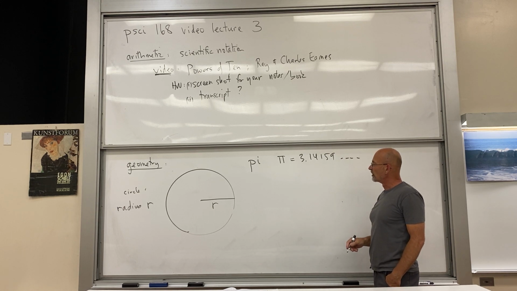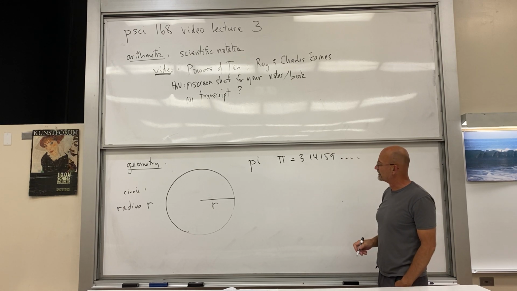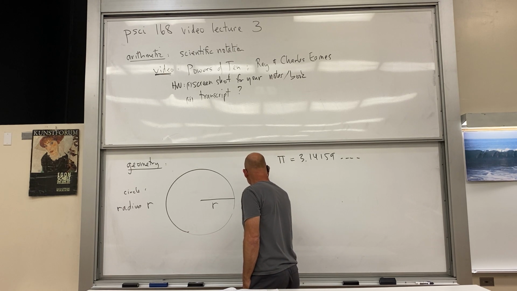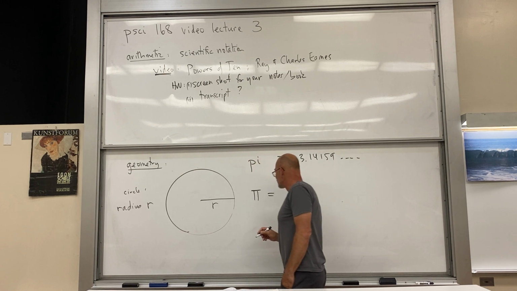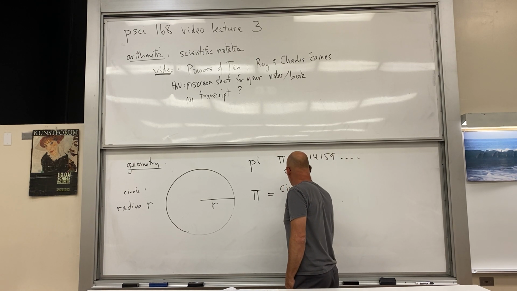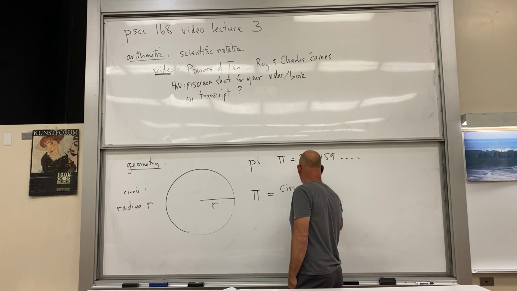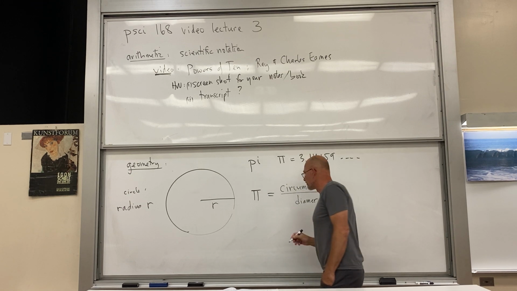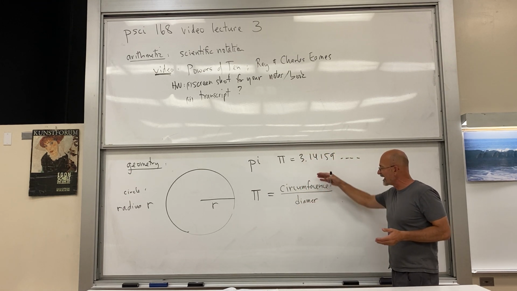Okay. What's the definition of pi? The definition of pi is actually, it's a ratio. It's the ratio of the circumference to the diameter. And so for any circle, it's the same ratio.